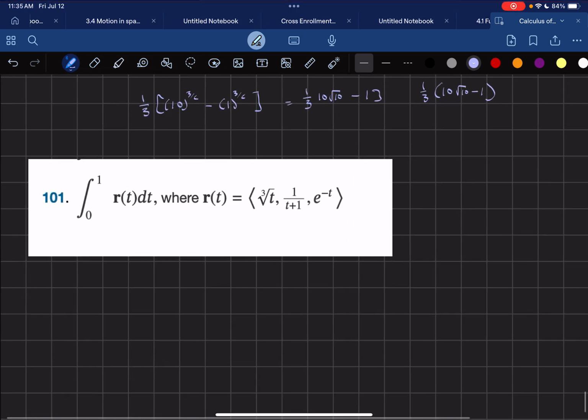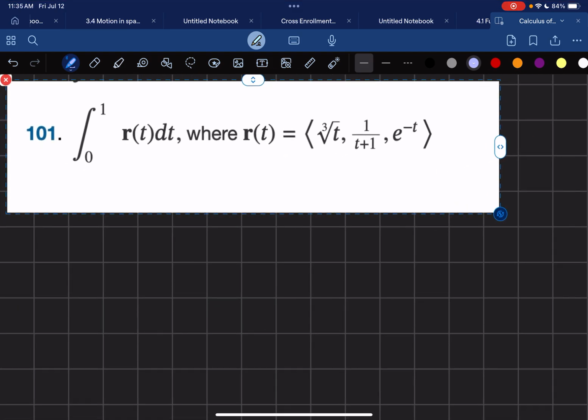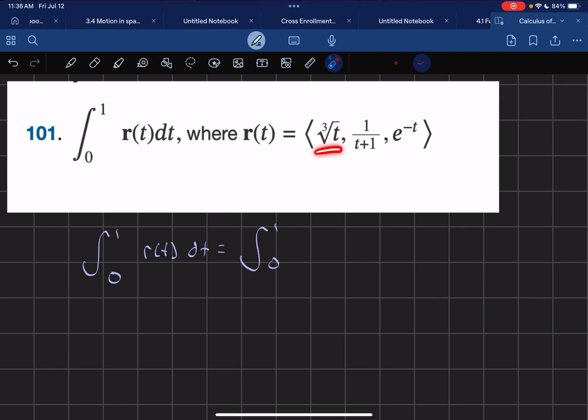Now let's get to the final integral. We have to evaluate this integral, where r of t equals this. We need to integrate each component of the vector valued function separately. Let me write the definition down: the integral from 0 to 1 of r of t dt equals the integral for the x, y, and z components.